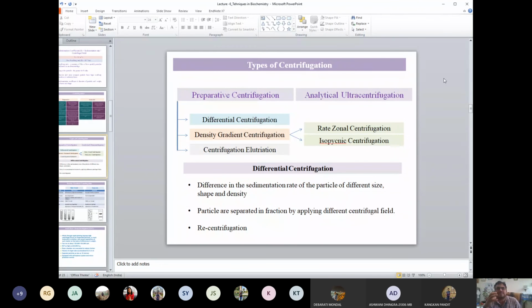It means we are going to separate, or centrifuge, the particles based on the difference in size, shape, and density.